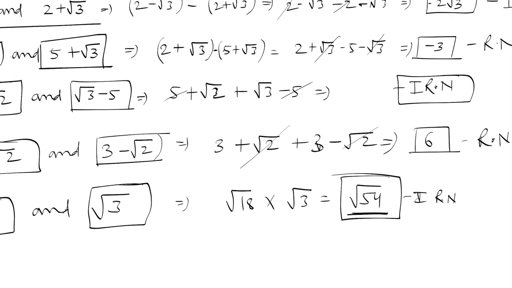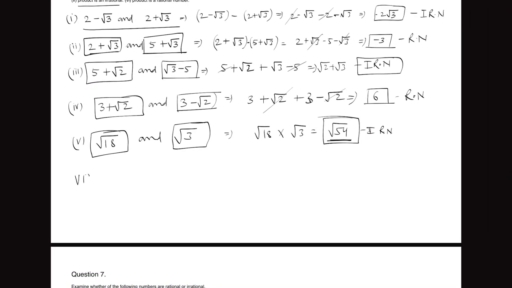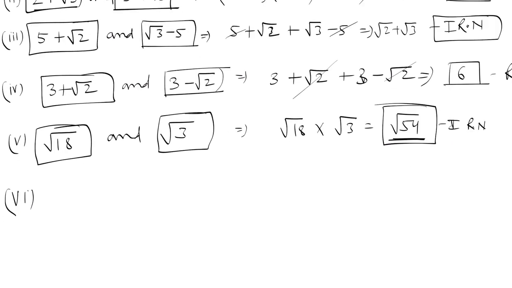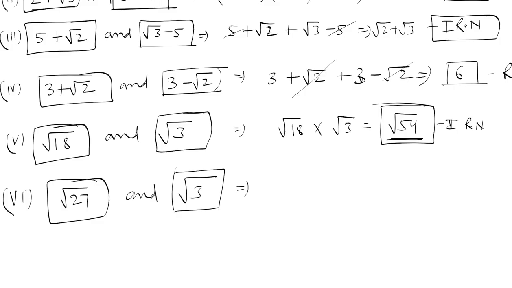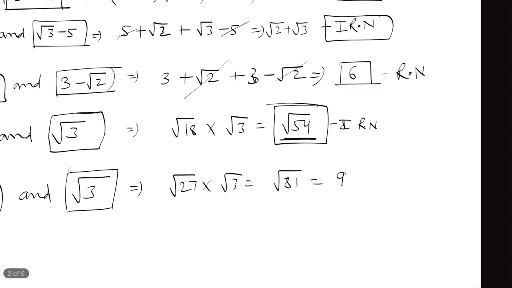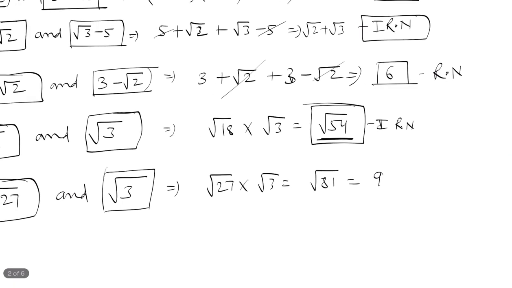Okay, the sixth question is the product is a rational number. Okay, for example, let's say this is an irrational number and this is also an irrational number. The product will be root 27 into root 3 is equal to root 81, which is a perfect square of 9. Okay, so this is a rational number.